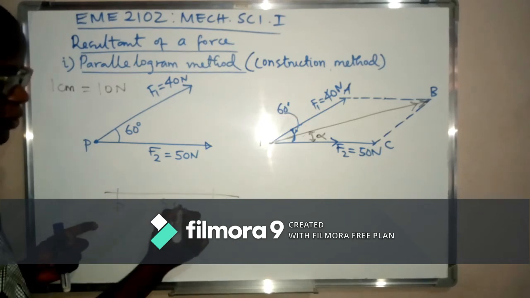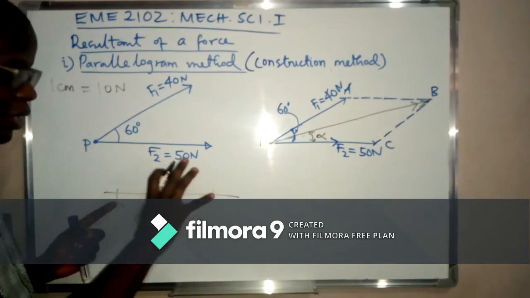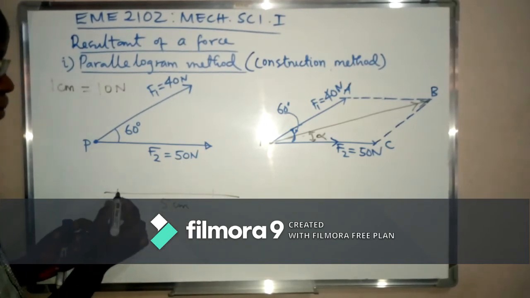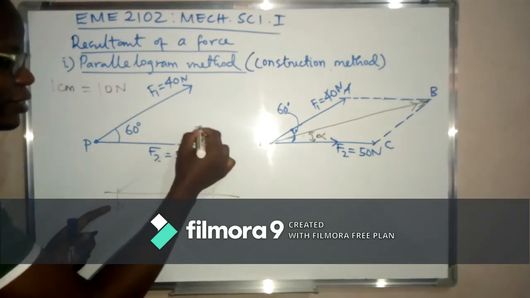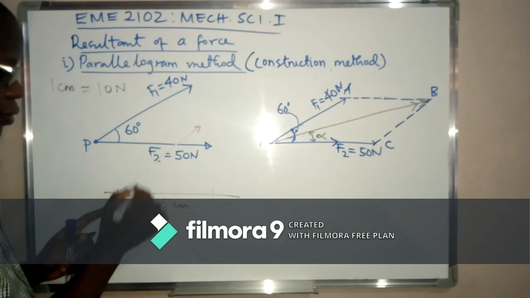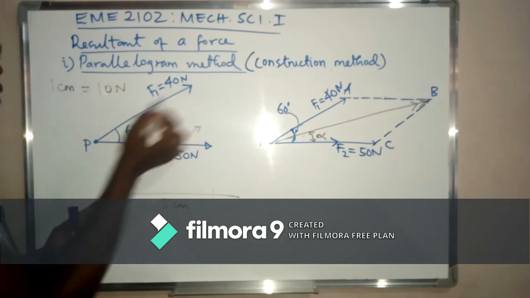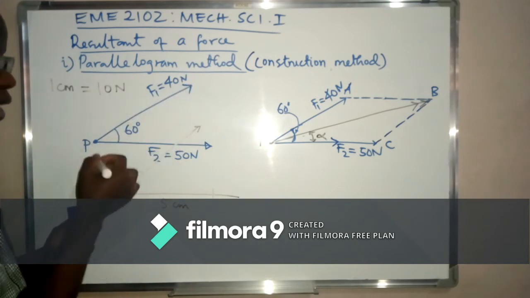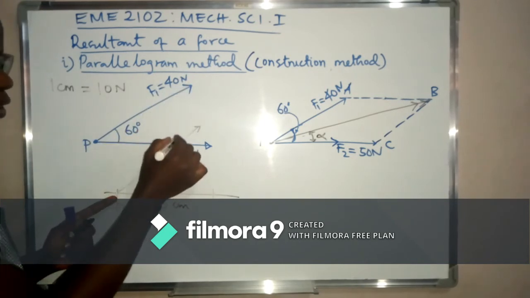Then this is an angle of 60 degrees. Once you construct an angle of 60 degrees, you make a mark, and then using the same scale, draw the line that represents this force. That will be 4 centimeters.